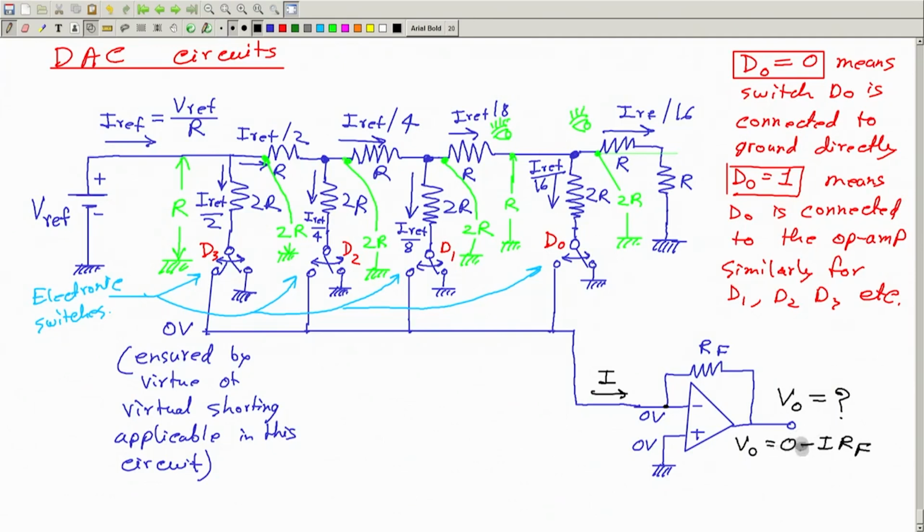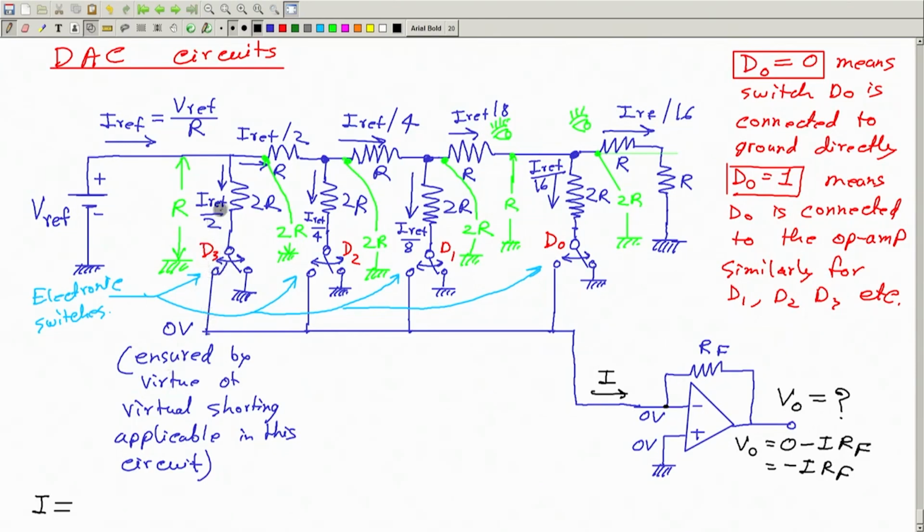So this is minus IRF, and I have to find the value of I. Now, what is I? Let me write it here. This current I will be the same as this current if this switch is connected to the op amp.